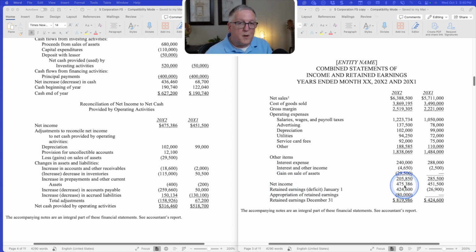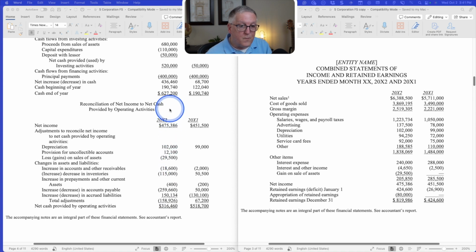The balance sheet and income statement are relatively easy to create. I would do those first, and now I have my net income number, which is going to go here. I have backed into the cash flows from operations, so I know what that number is. Now I've just got to work through this process to get here.